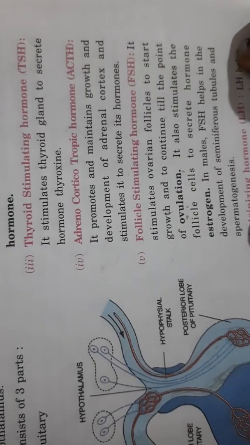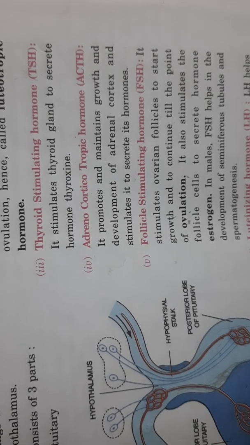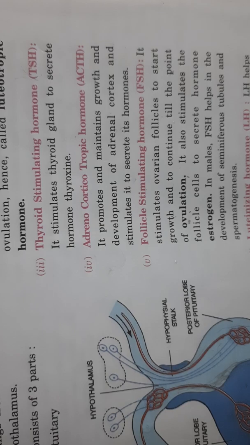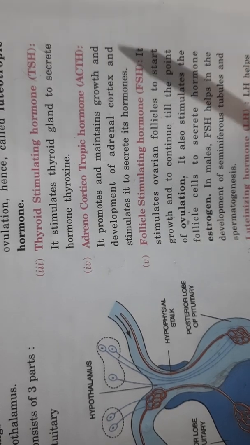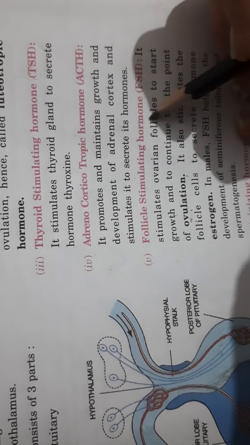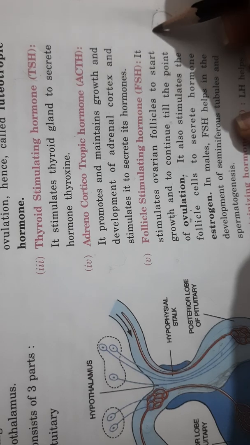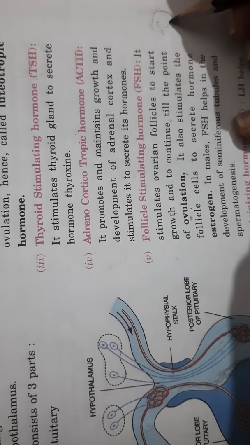Then follicle stimulating hormone, FSH. This will stimulate the ovarian follicles to start and continue the process of ovulation. Now, what is a follicle? Every ovary contains an egg inside, right?